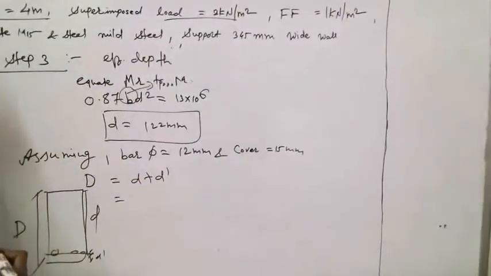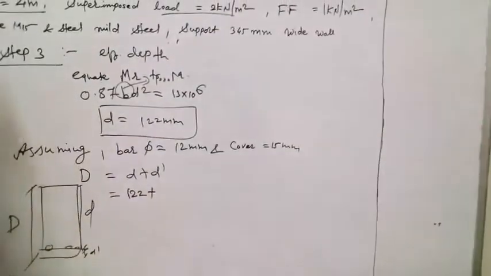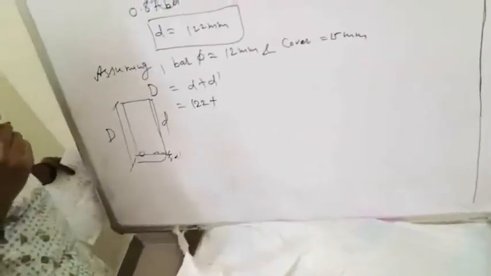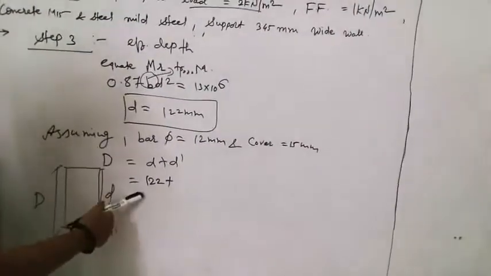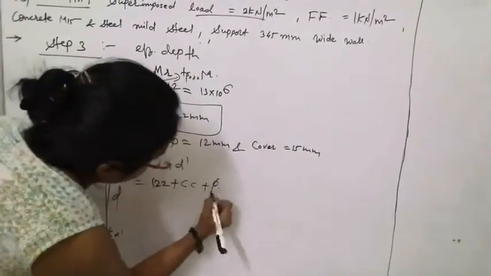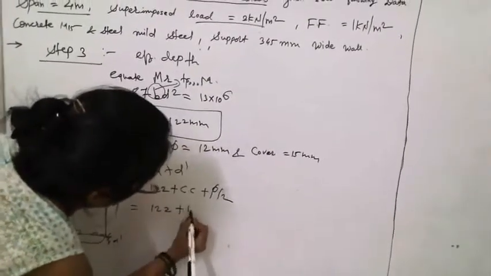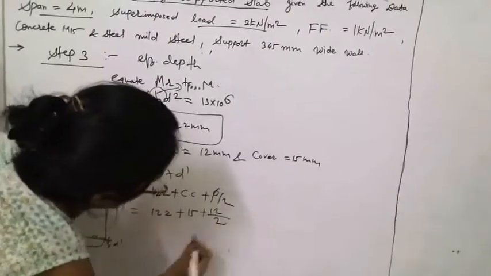What is the value of d? 122 plus d dash. D dash means what? D is equal to d plus d dash. d is 122 and d dash is clear cover plus phi by 2. Clear cover is 15, plus phi by 2, we are going to take the diameter of bar as 12 mm.